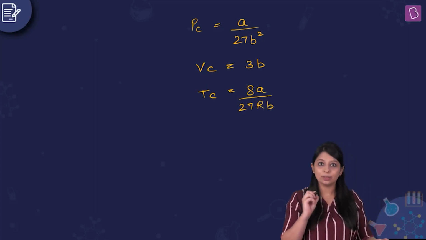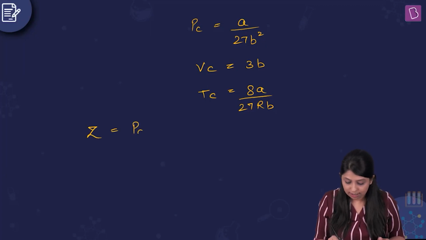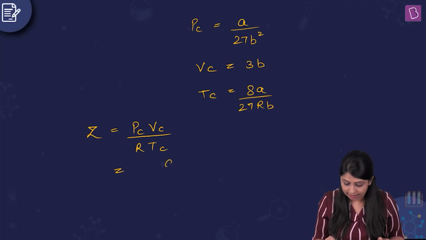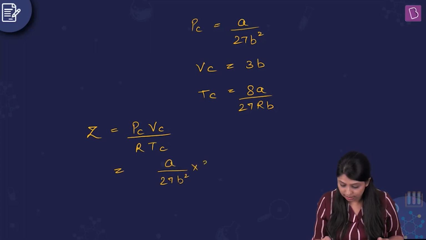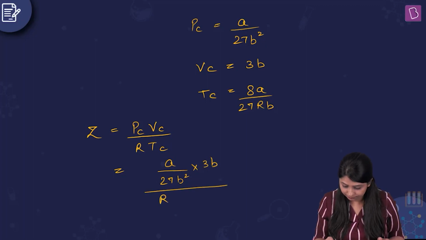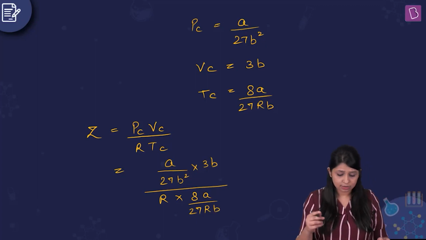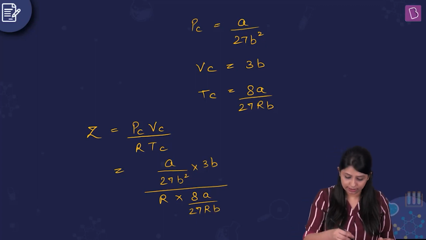Okay, so let's put these values into the formula. Z is equal to PC VC upon RTC. That is A upon 27B square into 3B, divided by R into 8A by 27RB. Okay, so I'm just going to solve it here.